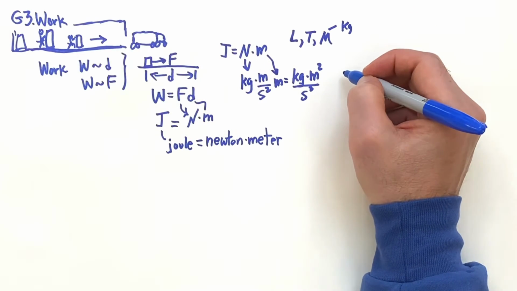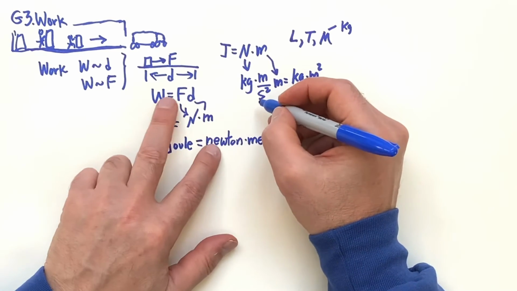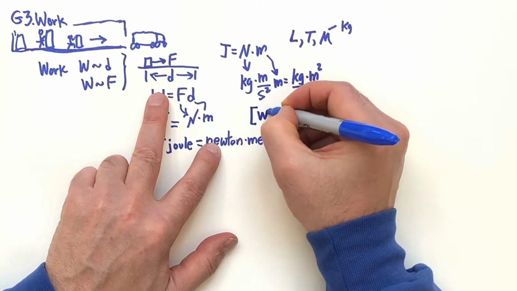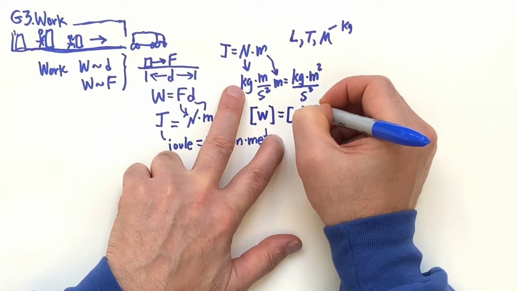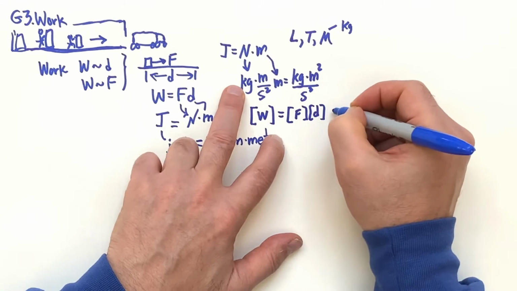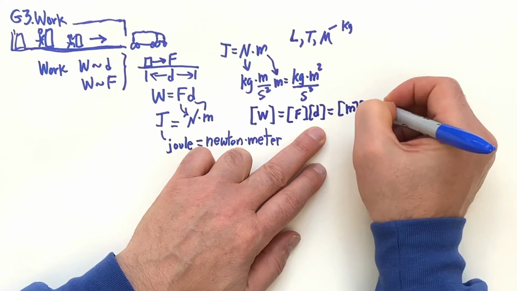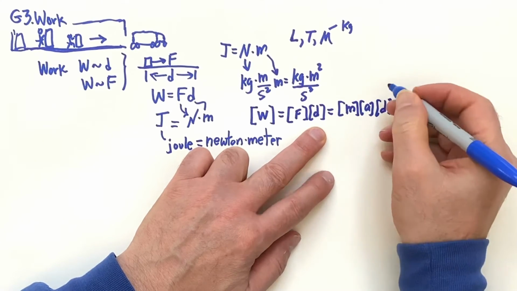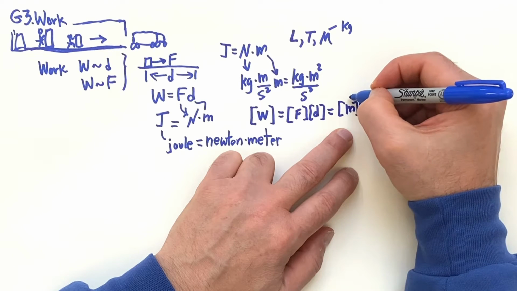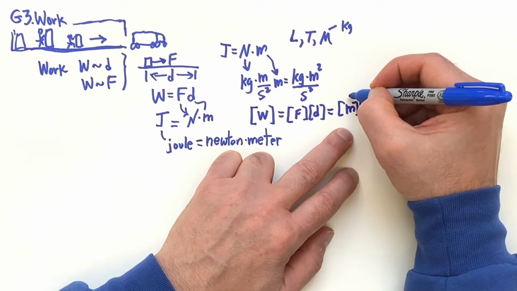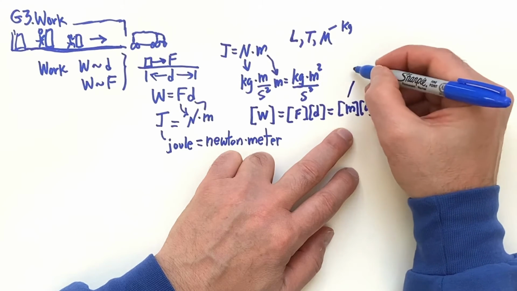Then what you could do is when you analyze this situation, you could say, well, here's a formal way of writing it. The work is the dimensions of the force times the distance. And for force, you have MA, so you would do this. And then here you could write down for the dimensions of the mass, we could just, in a sense, keep it generic with these three capital letters.